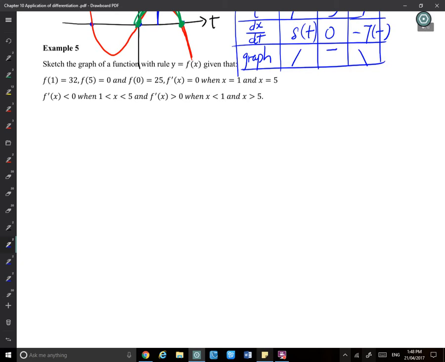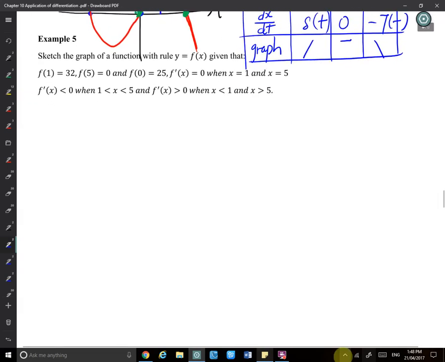It's not worth 2 marks, it's a 1 mark question, but it's quite important.